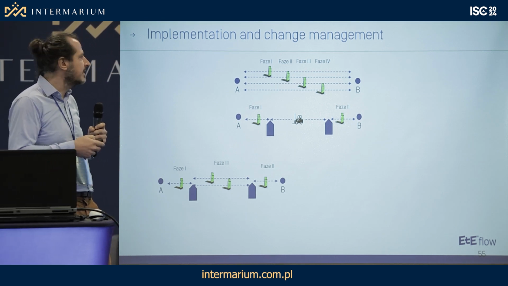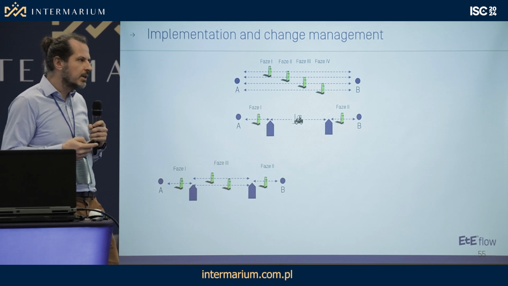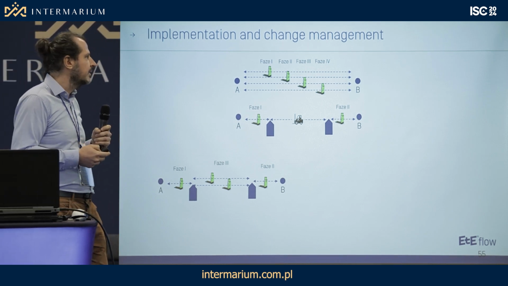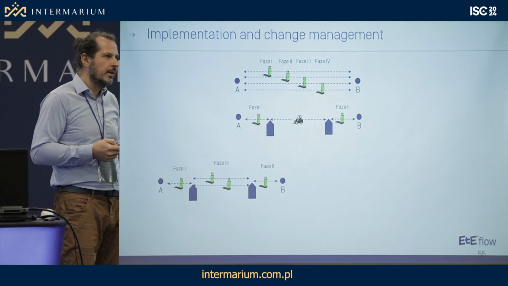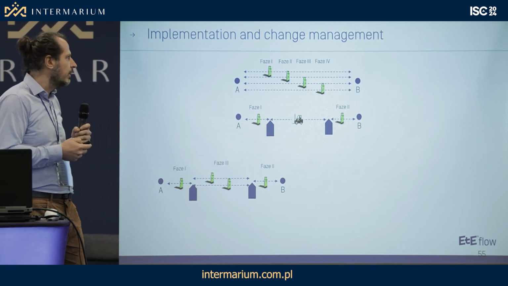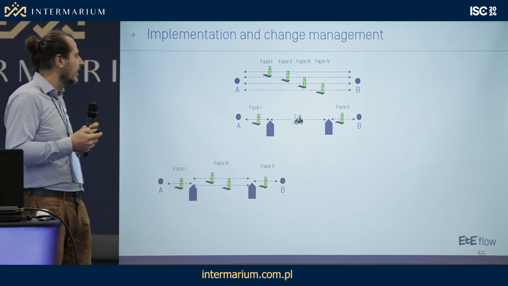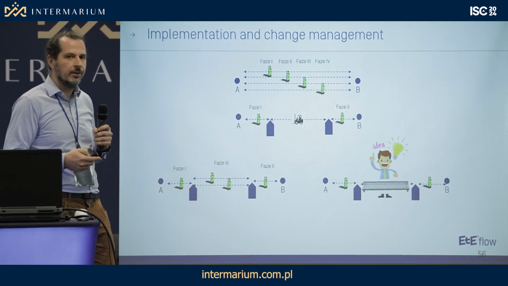But maybe in the next year, someone will bring some brilliant idea and will find that there is a corridor in the layout that is too narrow for a forklift. It's even too narrow for a mobile robot, but it's not too narrow for a conveyor.